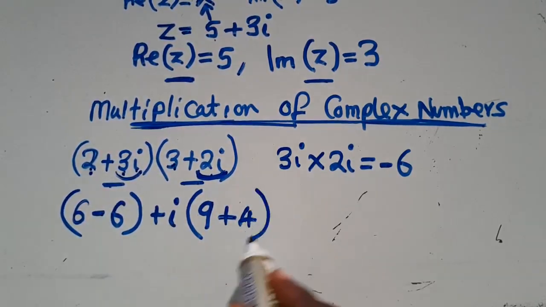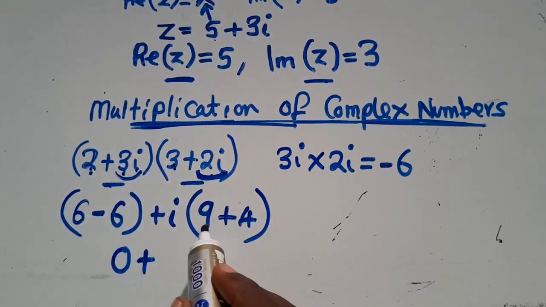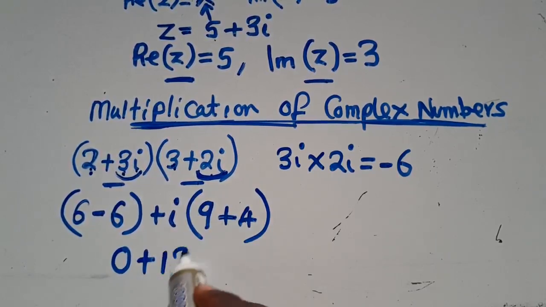So 6 minus 6 is 0, plus 9 plus 4 is 13, so 13i. Have you seen? Then finally, my answer will now be what?